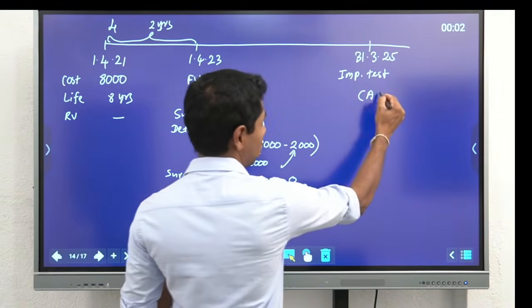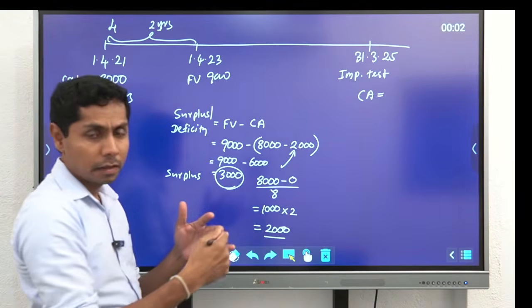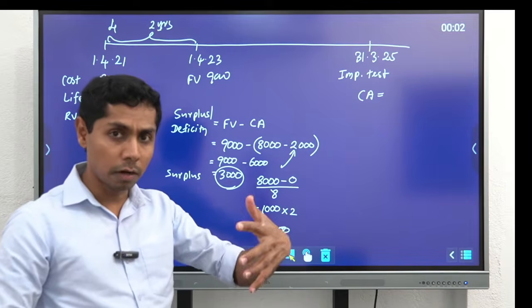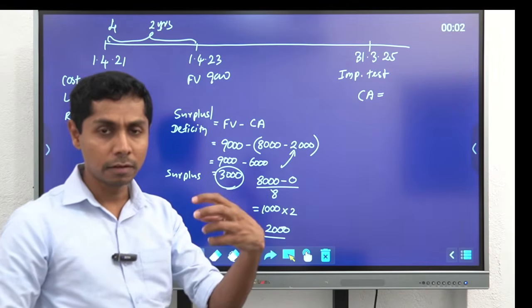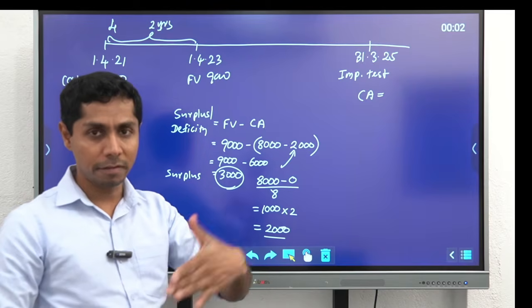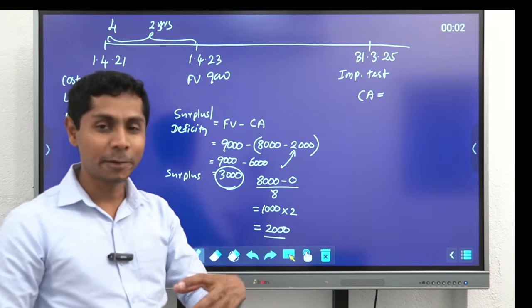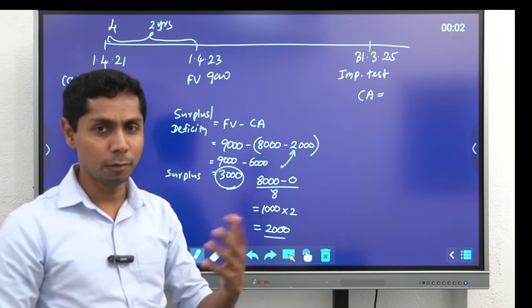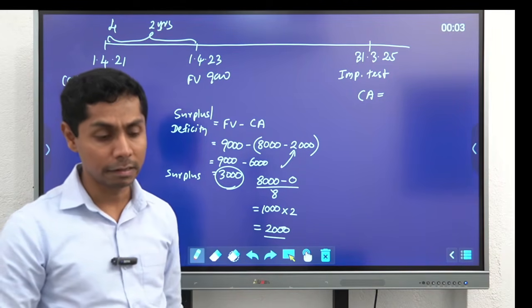If you can remember from PPE, the carrying amount of an asset under the revaluation model, after the revaluation, is equal to the fair value less subsequent accumulated depreciation. If you can't remember, please watch the LKAS 16 video once again.